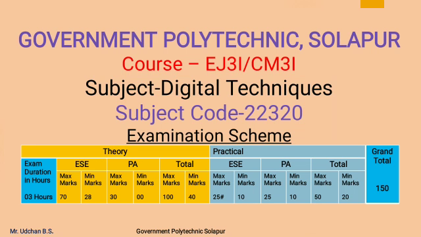For theory there are 100 marks, which consist of a board theory exam for 70 marks and progressive assessment of test 1, test 2 and micro projects for 30 marks. For practical there is an external practical exam of 25 marks and a progressive assessment of your manuals for 25 marks. In all, total weightage for this subject is 150 marks.